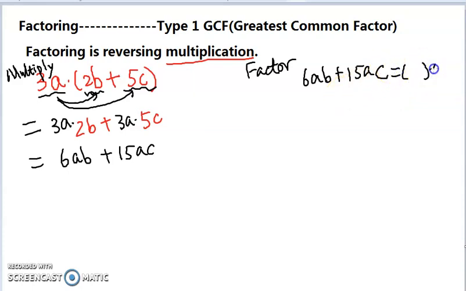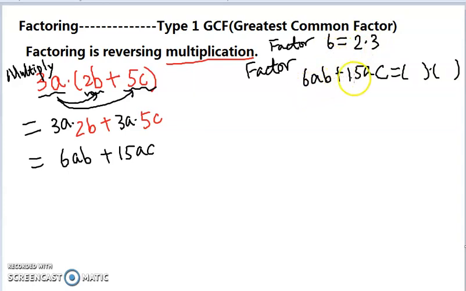What times what is going to be equal to 6ab plus 15ac? We did this kind of question for numbers. For example, if we are asked to factor 6, we know it's 2 times 3.